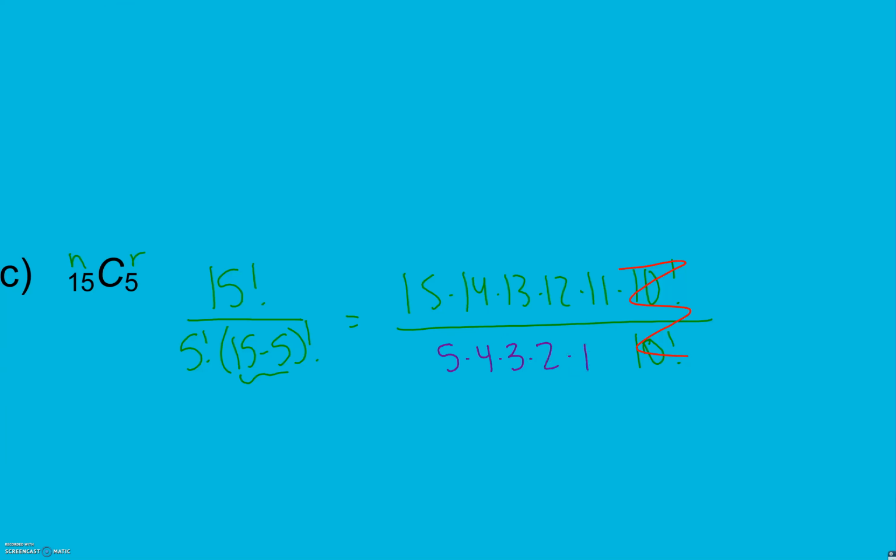And I'm going to simplify what I can here. 3 and 5 make 15. 4 goes into 12 3 times, and 2 goes into 14 7 times. So what I have left is 7 times 13 times 3 times 11, which gives me 3003. I also again can do 15 PRB over to NCR 5, 3003.